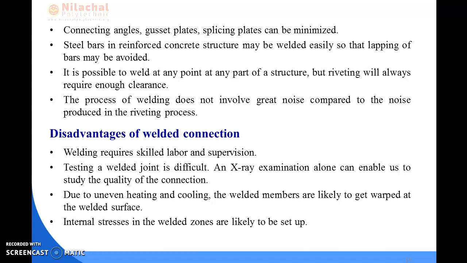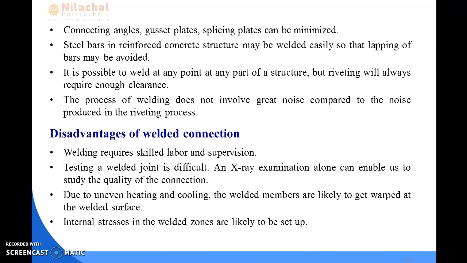The next advantage is that it is possible to weld at any point, at any part of the structure, but riveting will always require enough clearance. As I told you, in case of riveted joints, we should take care about the pitch distance and edge distance.